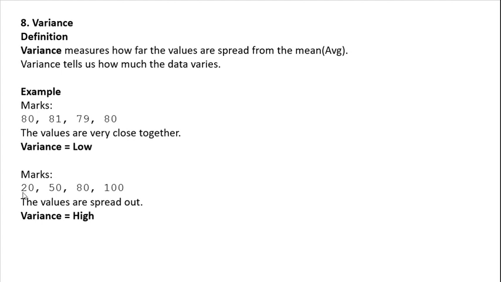And if the marks are 20, 50, 80 and 100, the values are spread out, so the variance is high. So if all the values are very close together, the variance is low; otherwise, the variance is high.